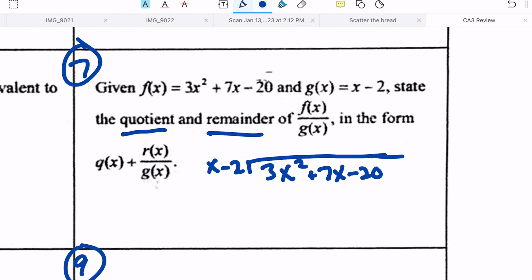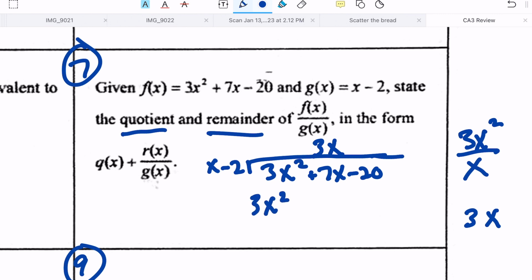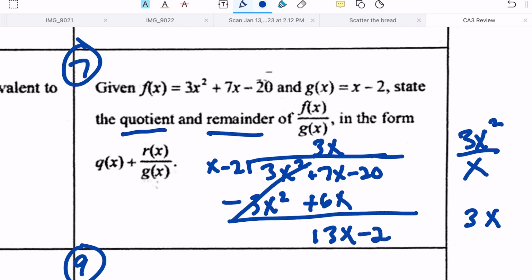So how many times does x go into 3x squared? So 3x squared divided by x is 3x. So 3x times x is 3x squared. 3x times negative 2 is negative 6x. That becomes minus, plus. That cancels out. 13x minus 20.